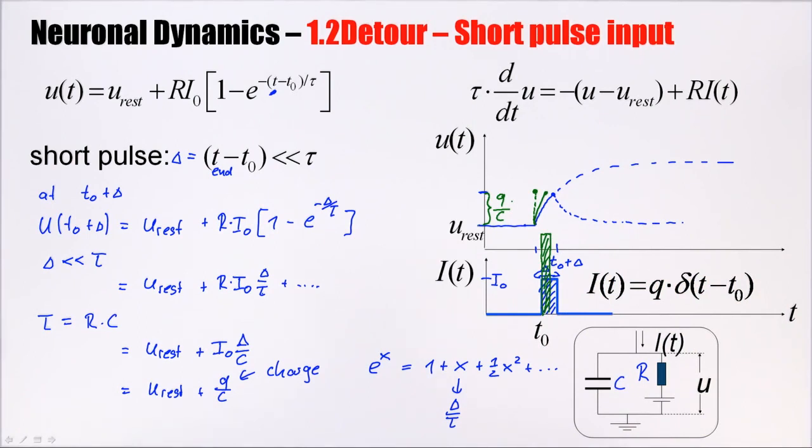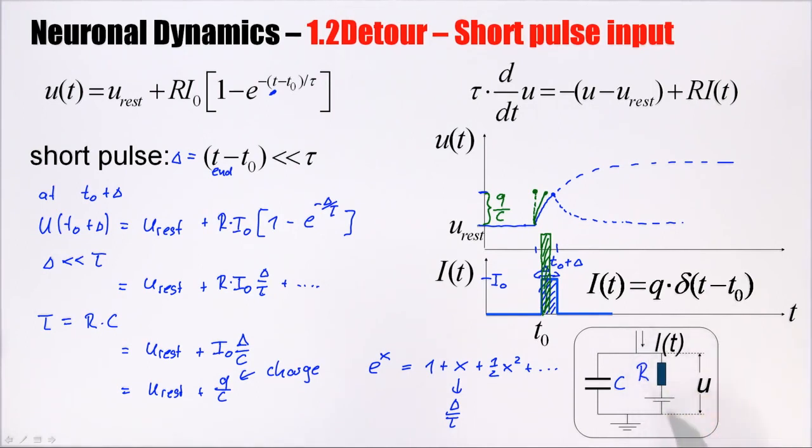So this is the mathematical approach. We use a Taylor expansion. Now let's go back to a more physical interpretation. For a more physical interpretation, we can look at the circuit, and we say, I deposit a current for a very short time.